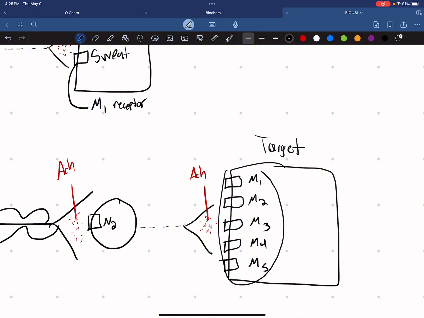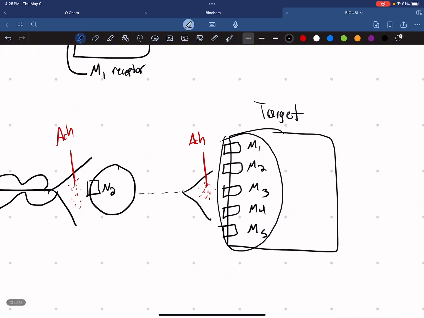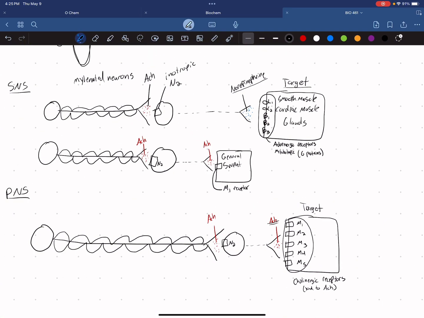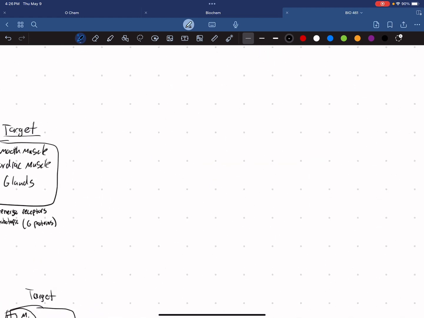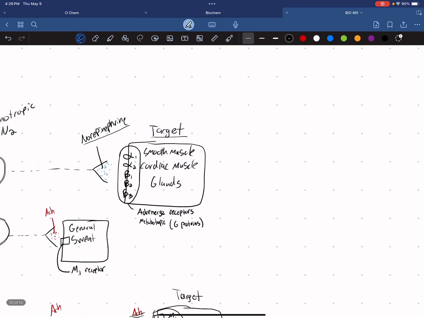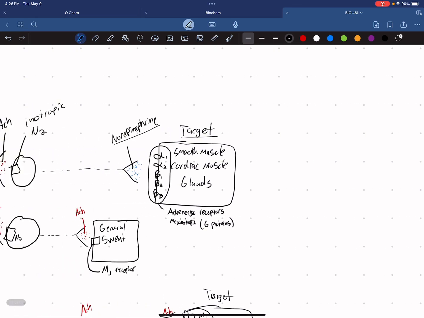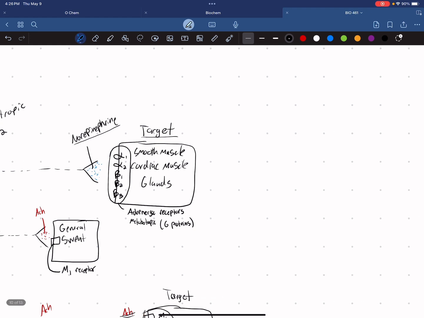And these can be labeled cholinergic receptors because they bind specifically to acetylcholine in order to cause different actions in these organs. So now I'm going to go into a little bit of what happens when each one of these neurotransmitters of norepinephrine and acetylcholine bind to each one of these specific receptors that are located on different target organs.